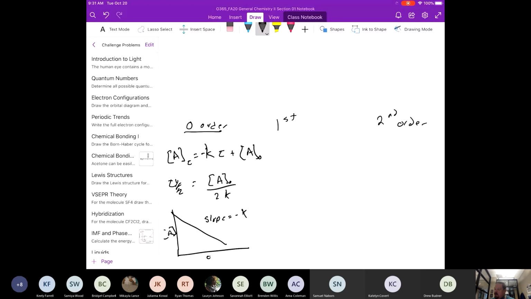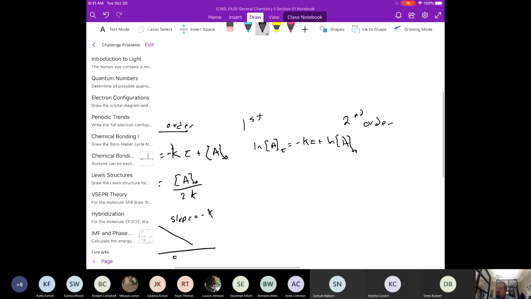If we look at the first order, in a first order reaction, we can say that the natural log of the concentration at some time t is equal to negative k times t plus the natural log of A initially. So we can talk about the time that this would take to get the half-life.